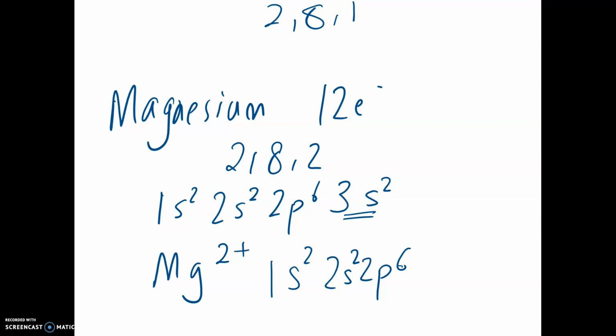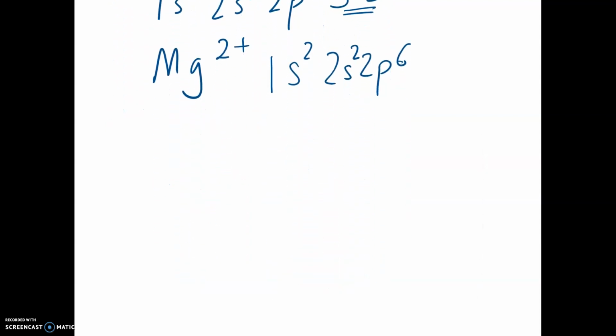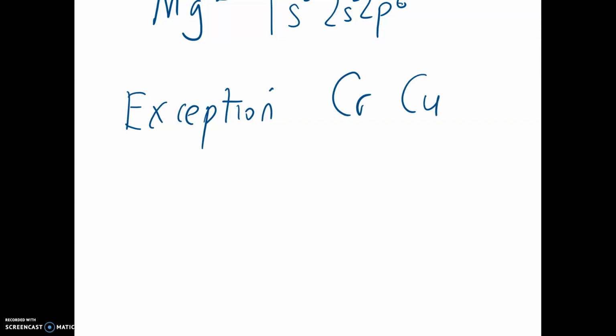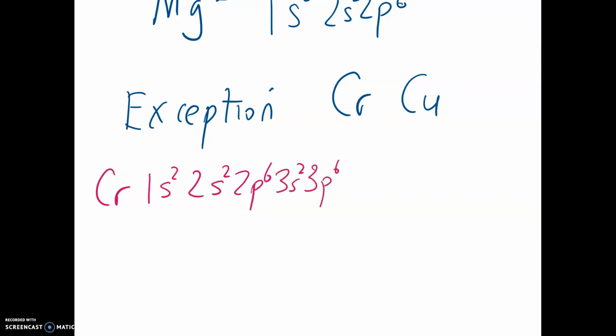There are exceptions to this, and the two exceptions are chromium and copper. So let's look at the exceptions. If you was to look at chromium, you would expect it to be 1s2, 2s2, 2p6, 3s2, 3p6, 4s2, 3d4.